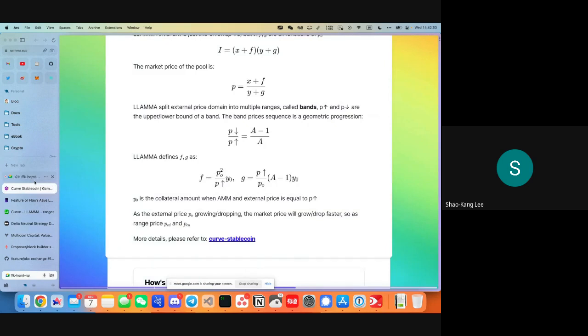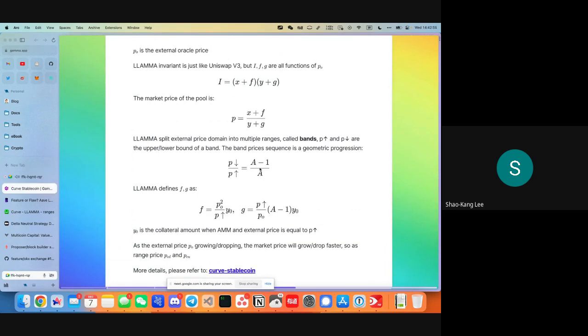So no one can change the constant? There is only one constant called A that is created when the contract is deployed. Yeah. And so F and G are all variables. Also, I is a variable. They're all functions of PO.